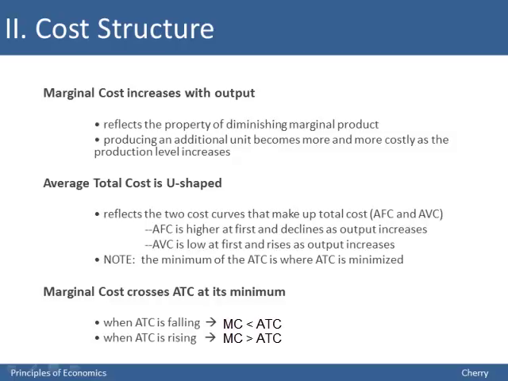And then we talked about marginal cost crosses at the average total cost minimum point, right? And we didn't really explain why that's the case, but here's a little explanation. Think of your GPA, the latest grades that you just received, right? Average total cost is like your GPA. Your GPA is your average grade.